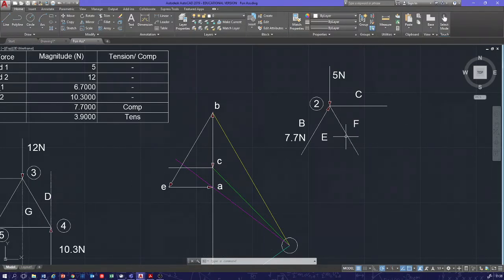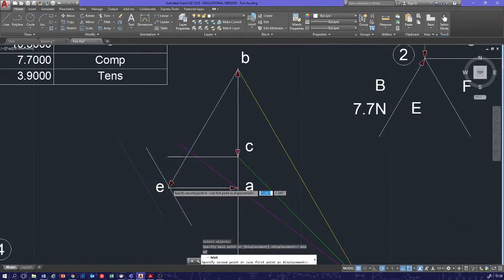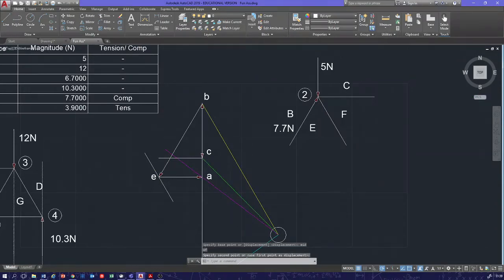And we've got this line here, which is F to E. Well, we don't know where F is, but we do know where E is. E is this point here. So let's copy ourselves a line in the right direction, and then we can move that and place it at point E there. Let's just zoom in, make sure we've got the right point.